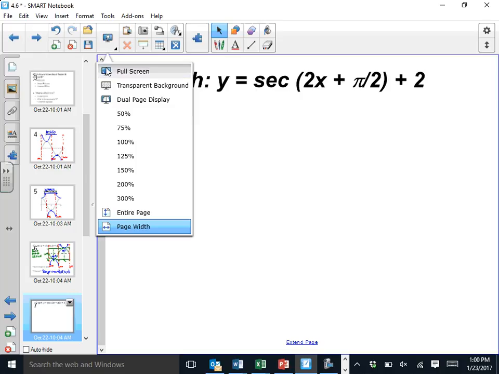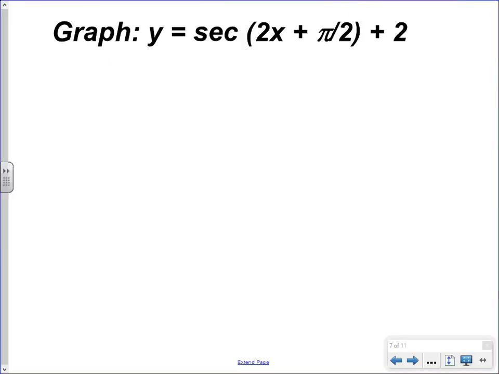Next up, we have a secant graph. Please go ahead and write this down. Then I would like you to identify the period and starting point.